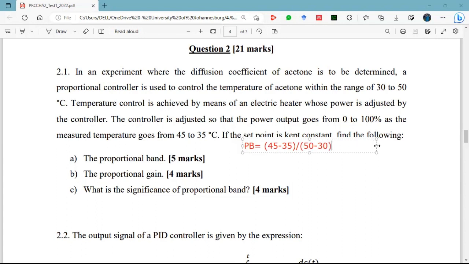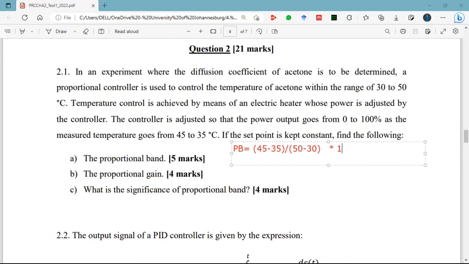Do we all get that? Okay, perfect. So from there, you also multiply it by 100 so that you can get it in percentage, because remember, even from your notes, the proportional band is always represented in percentage form, not fractional form.